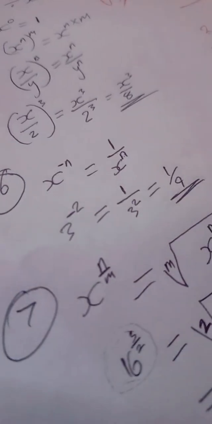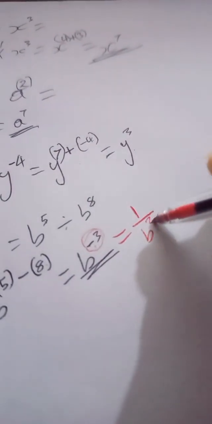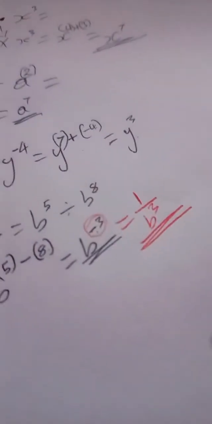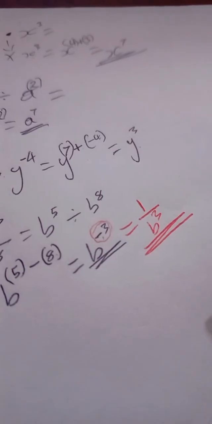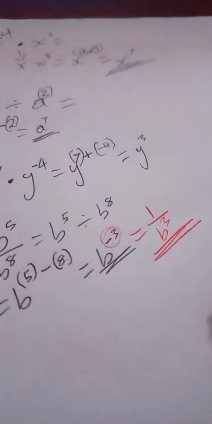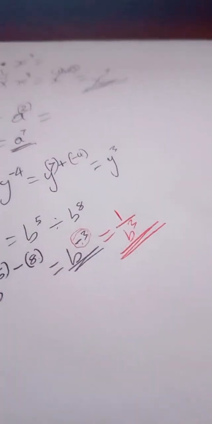Then you simplify if it's simplifiable. So it is equal to 1 over b to the power 3. This is now our answer. I hope we are together.